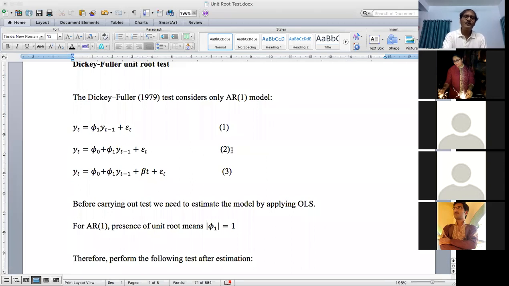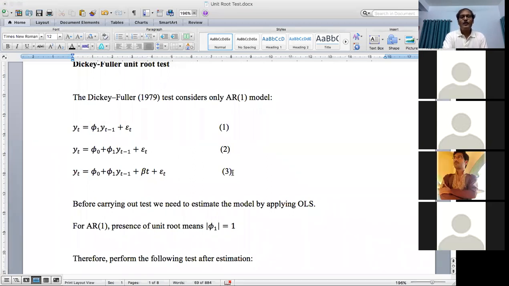In equation 2, we are allowing for the positive intercept or negative intercept. So if there is a non-zero intercept component, then we can specify the model in terms of equation 2. After plotting, if we look at the series follows some kind of trend, either upward rising trend or downward falling trend in the main value, then the more appropriate form of specification will be equation 3.